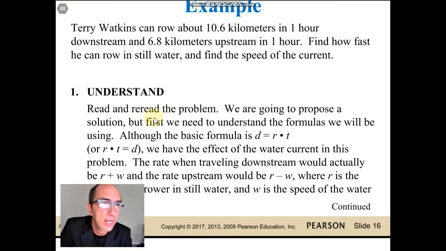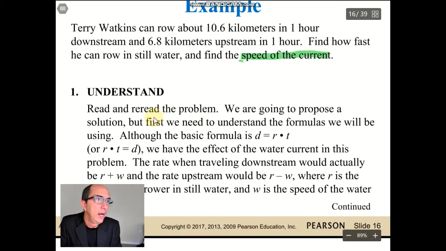Find how fast he can row in still water and find the speed of the current. So we need to find the speed of the current and how fast he can row in still water.